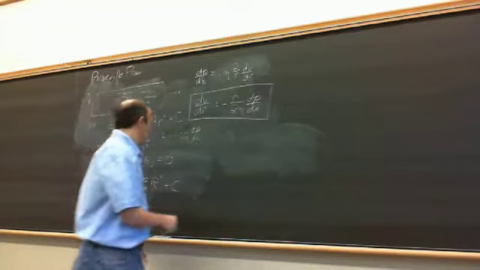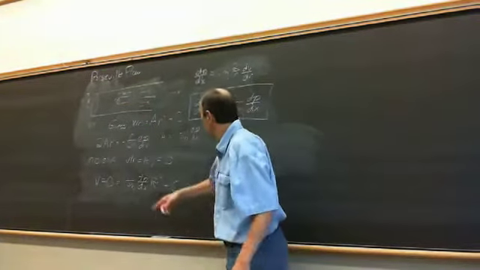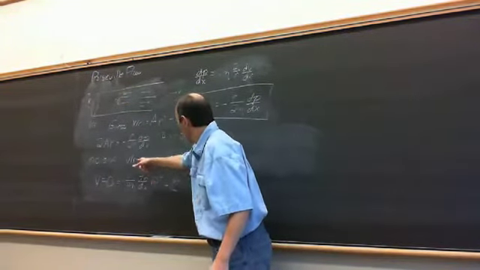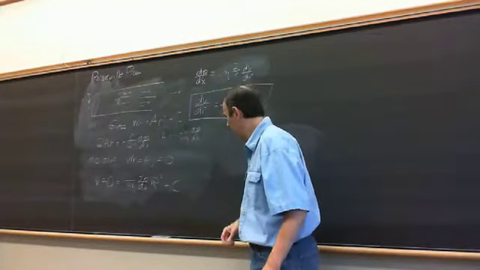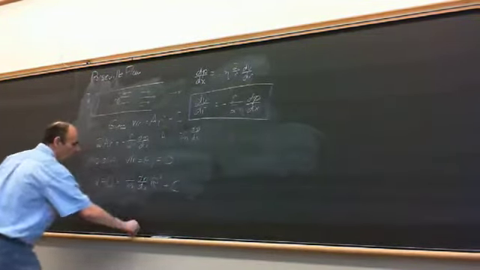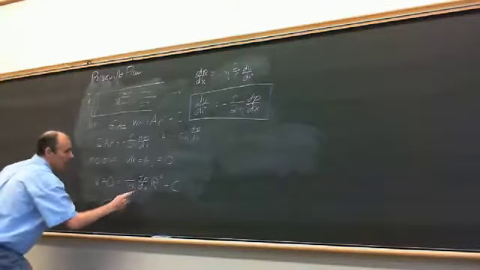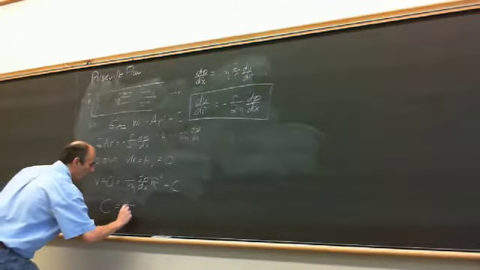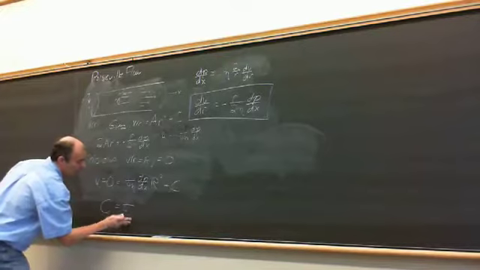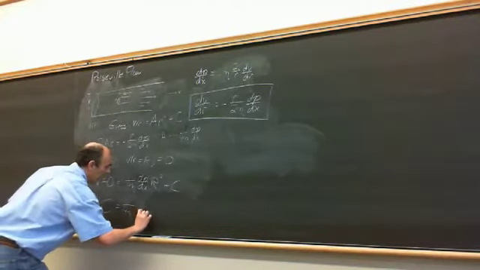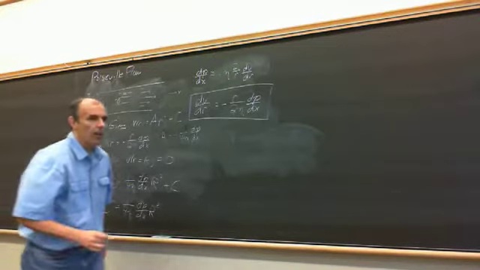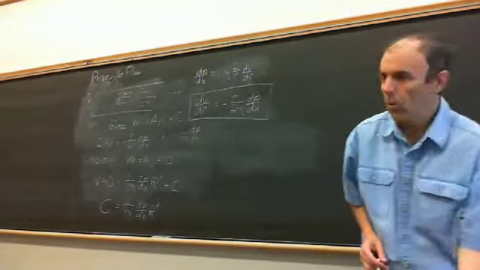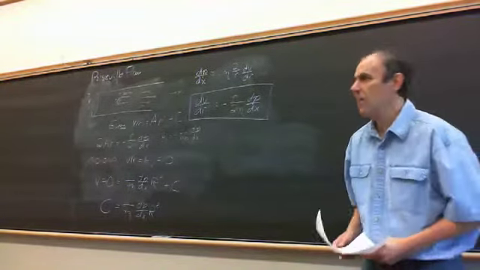Our no-slip boundary condition tells us that when little r is big R, V is 0, and this can give us c. So we find that C is equal to 1 over 4 eta dp dx R squared. Well, now we have it. We have both A and C.